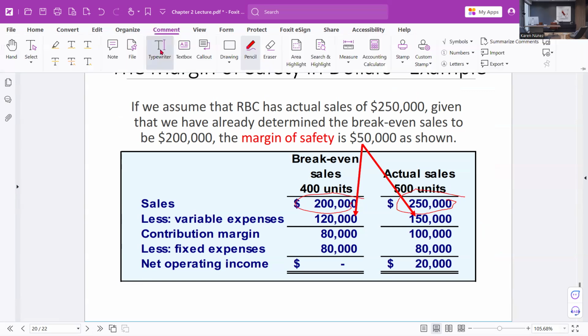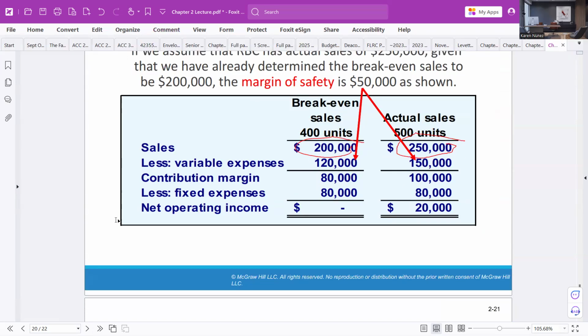So I'm going to call this the MS. The margin of safety in dollars is the actual sales dollars minus the break-even dollars.